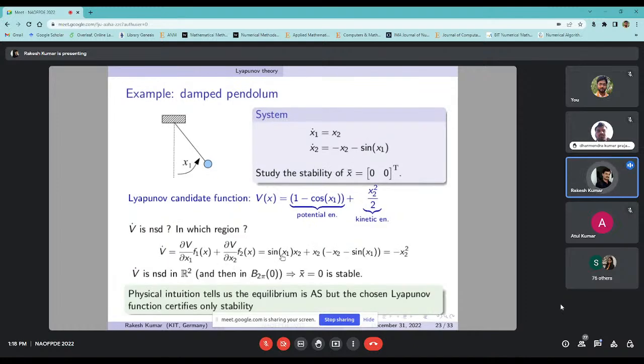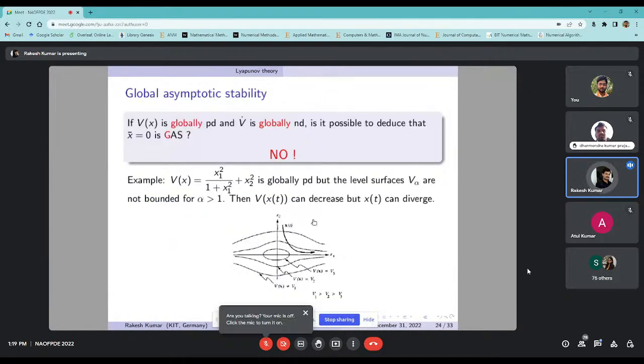If we differentiate it, in this neighborhood it shows that the derivative is less than or equal to 0. It means that x is only stable. But for the damped pendulum problem, physically it is asymptotically stable because it has friction, and this is called global asymptotic stability.